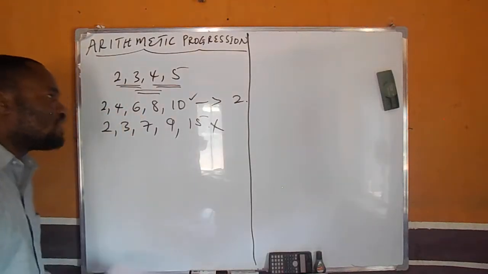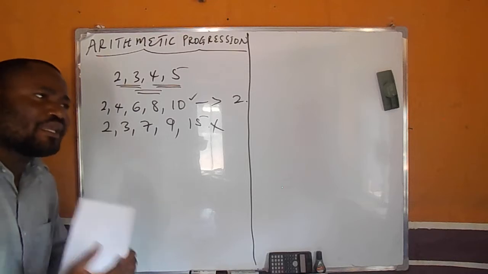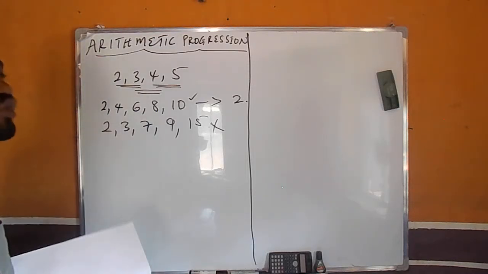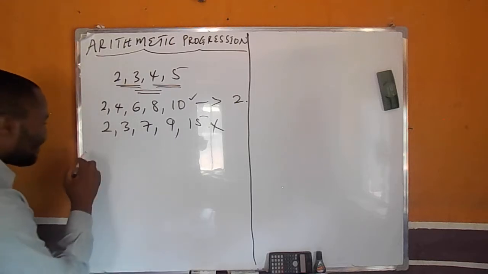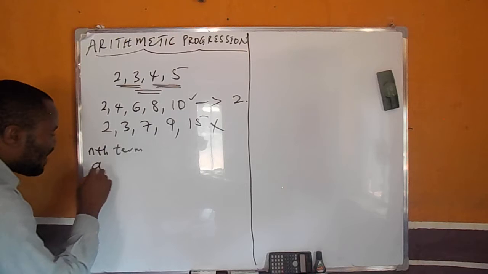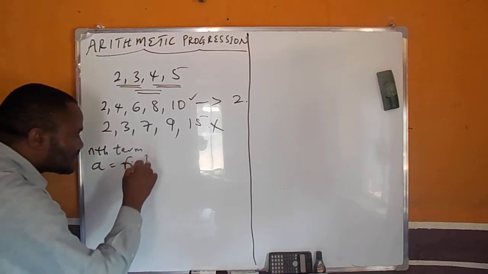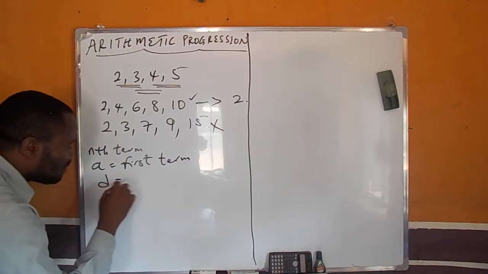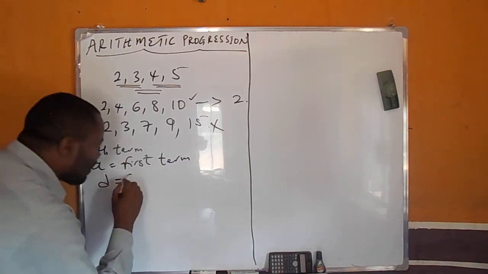In arithmetic progression, there are some things that are very important to take note of when you are solving. We have things like the nth term, A, which is called the first term, and D, which is called the common difference.